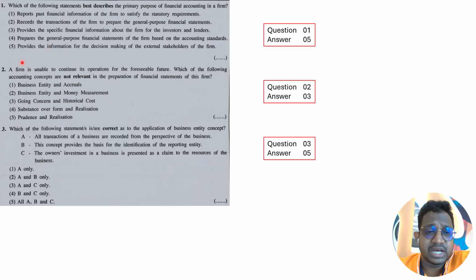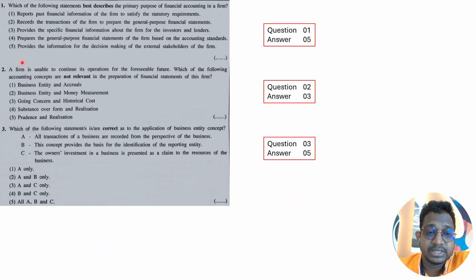And the last answer, provides the information for the decision making of the external stakeholders of the firm. So out of these five, the best answer for the primary purpose of financial accounting, based on your syllabus and the teacher's guide, should be number five, provides the information for the decision making of the external stakeholders of the firm.